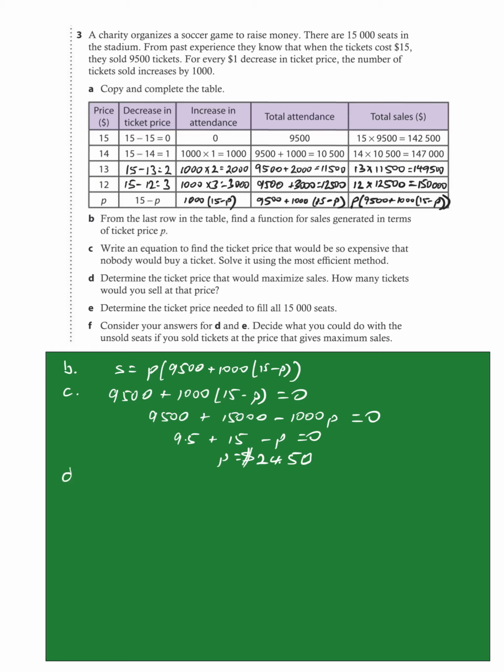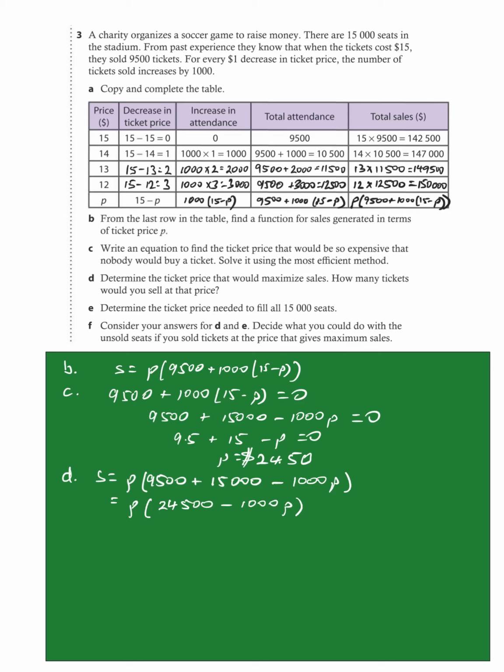So for D, we've got S equals P outside of 9,500 plus 15,000 minus 1,000 p. Let's resolve what's in here. We've got 9,500 plus 15,000, that's 24,500 minus 1,000 p.